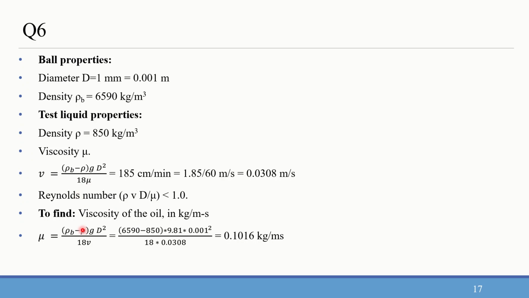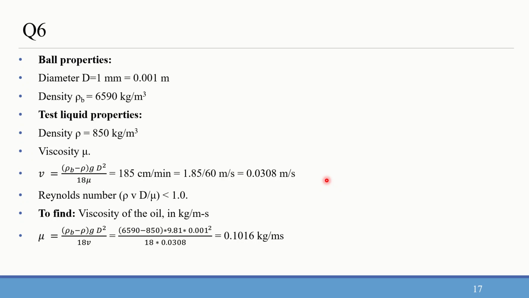Now we are substituting all the known values into the equation. rho b is 6590 minus 850, into 9.81 into d, d is 0.001 square, divided by 18 into v. V here we calculated as 0.0308.